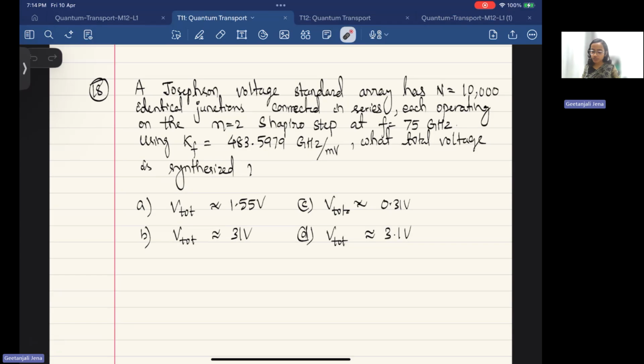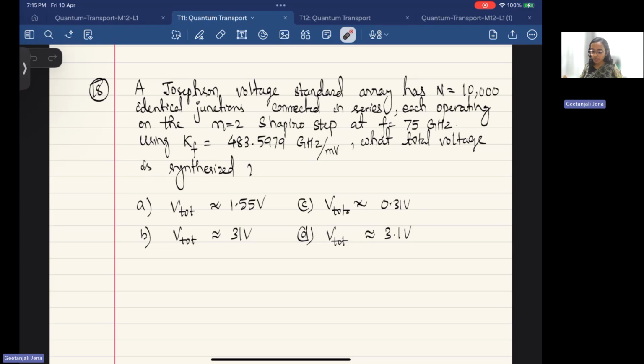We have a Josephson junction. We have a Josephson voltage standard array, which is N equal to 10,000 identical junctions connected in series. Each of these junctions is operating on the n equal to 2 voltage step, Shapiro step, at frequency 75 gigahertz. Using K_J equal to 483597.9 GHz/V, what is the total voltage that can be synthesized in this Josephson voltage standard?